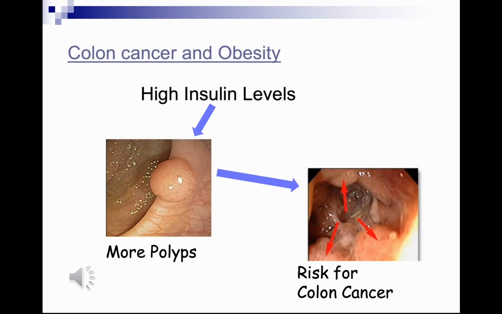For example, you'll find more polyps in the overweight and in the obese because of insulin-like growth factors promoting the development of polyps. And once an individual has a polyp, continued DNA mutation increases the risk for colorectal cancer.